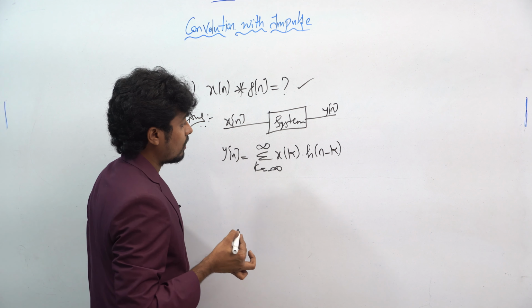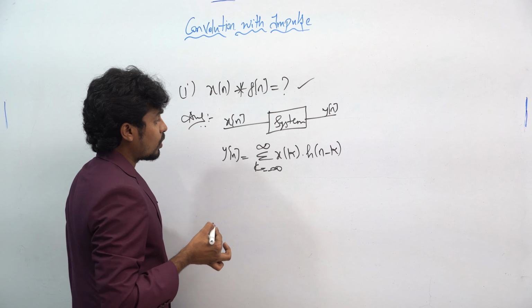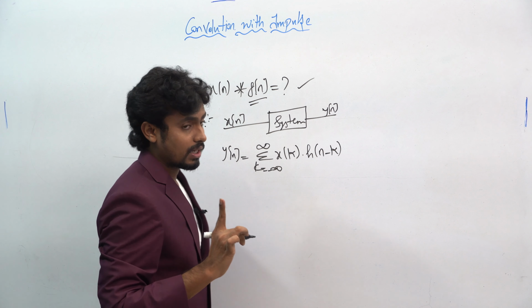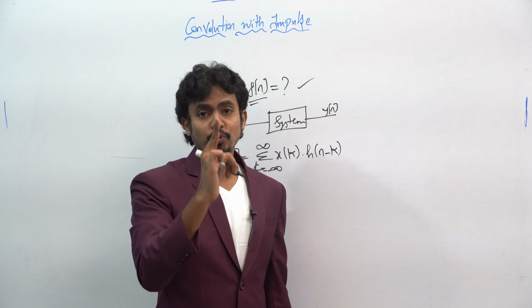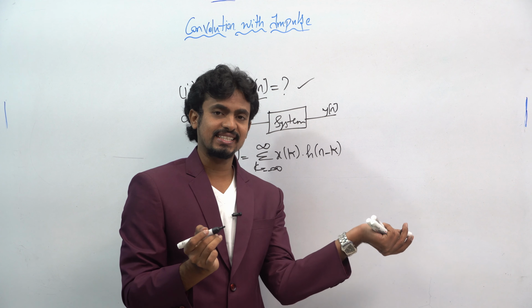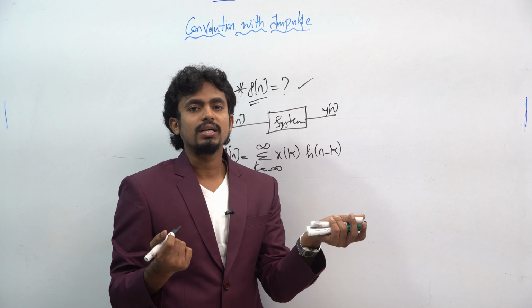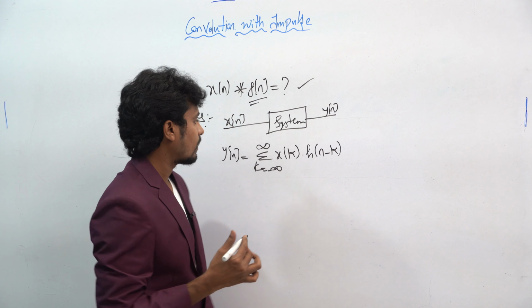You already know the impulse exists at 0 only. In the remaining cases, t less than 0 and t greater than 0, it is 0.